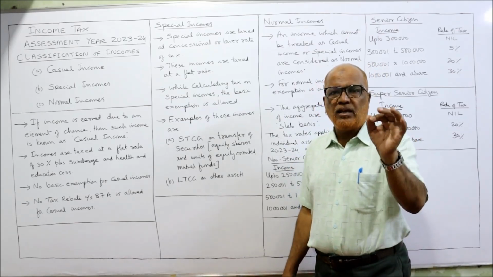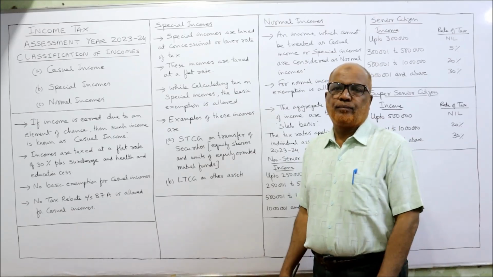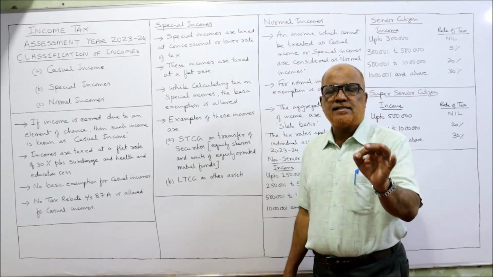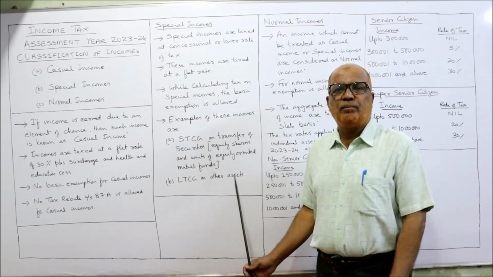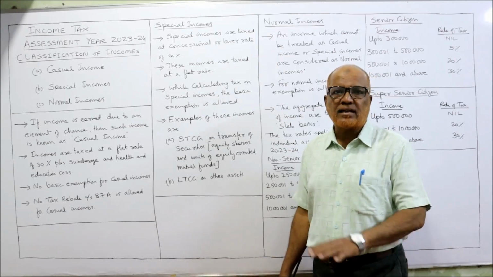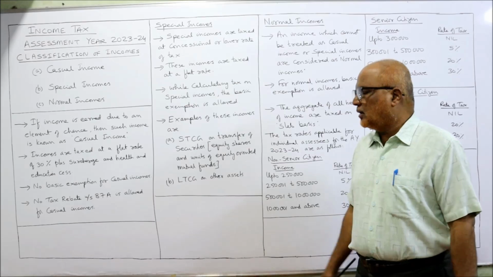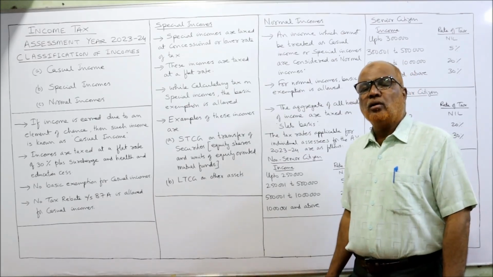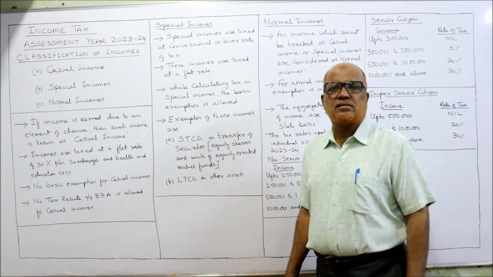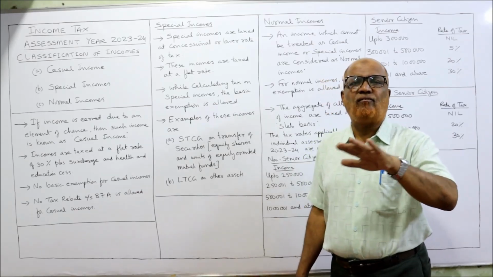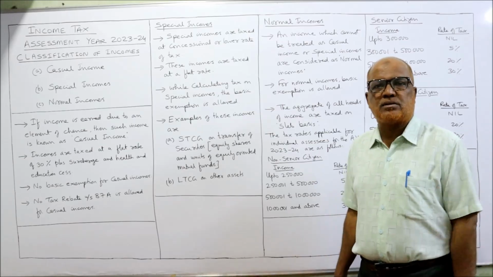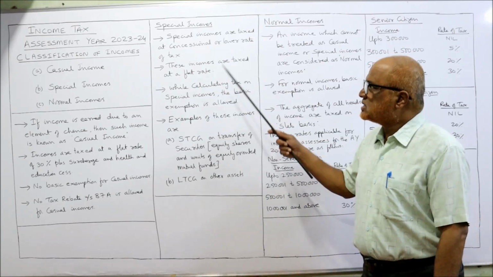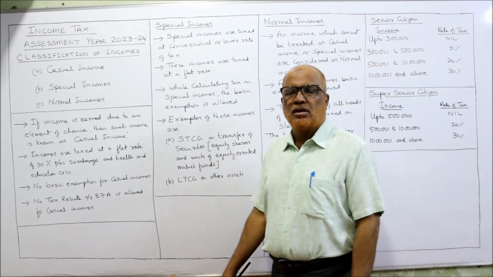If the securities are equity oriented units, then the STCG on these units will be a special income taxed at a flat rate. Then long-term capital gain, LTCG, on other assets. On this also there is a flat rate of tax, for example 20%, right? So these types of incomes are called special incomes.